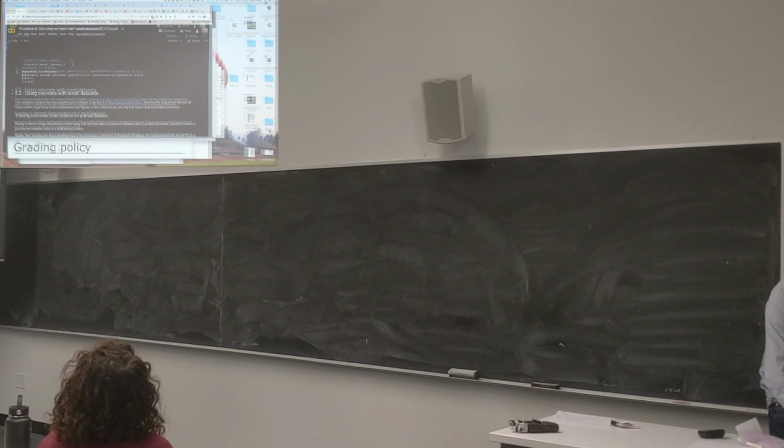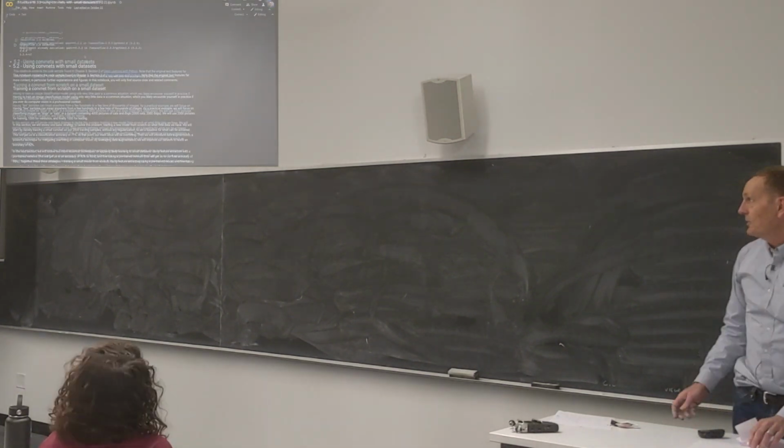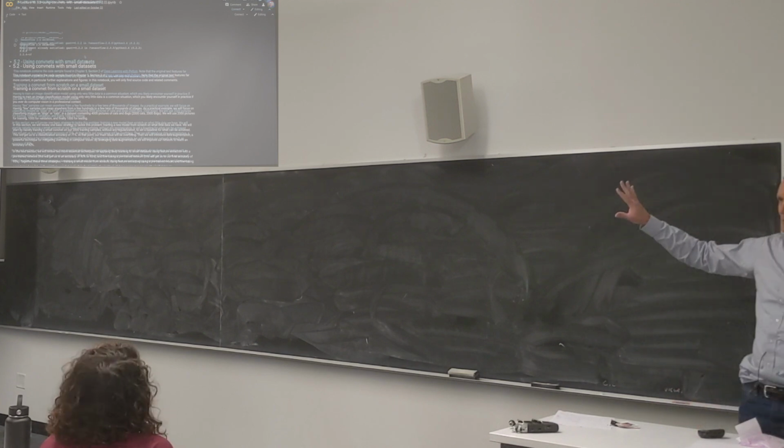All right, so this is, and by the way, I figured out how to do dark mode in Colab, and I'm very happy because it works a lot better in the video.